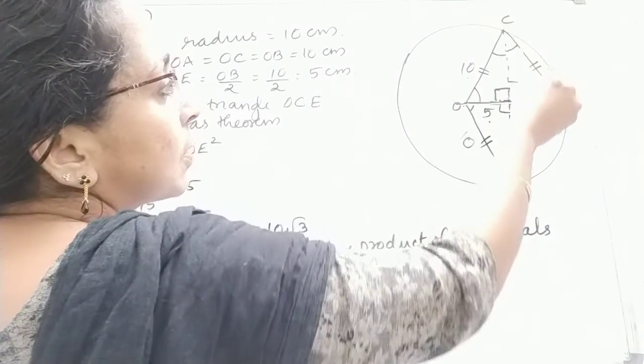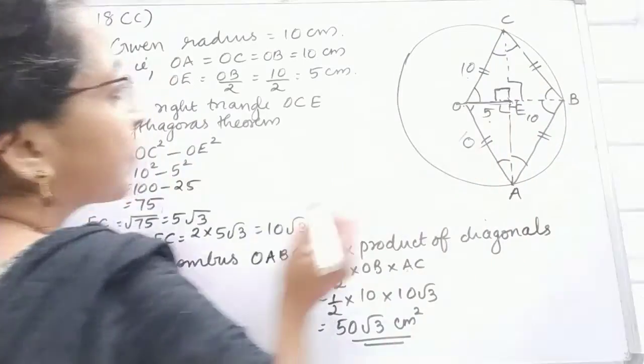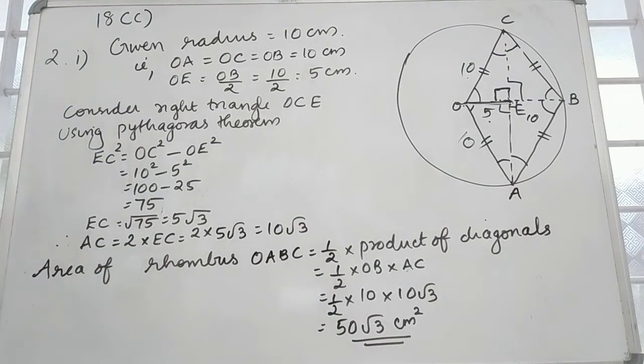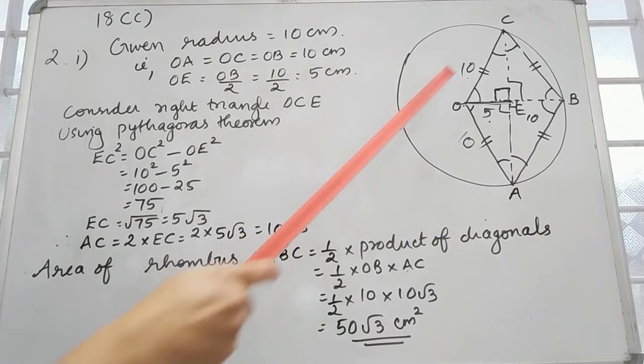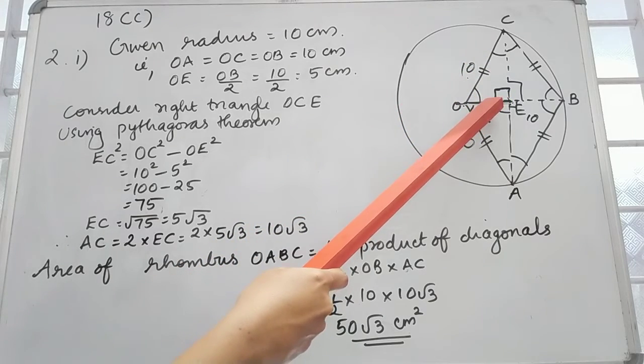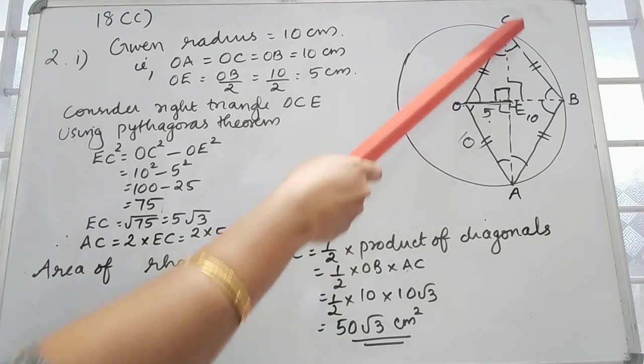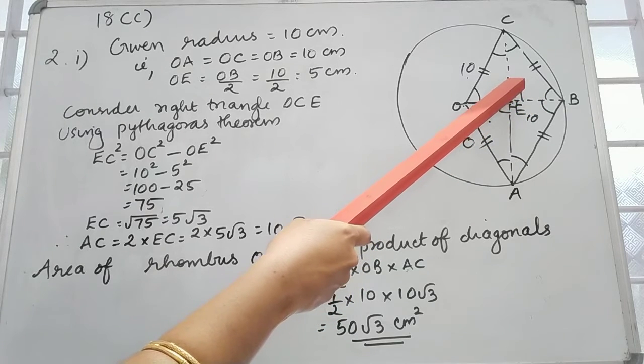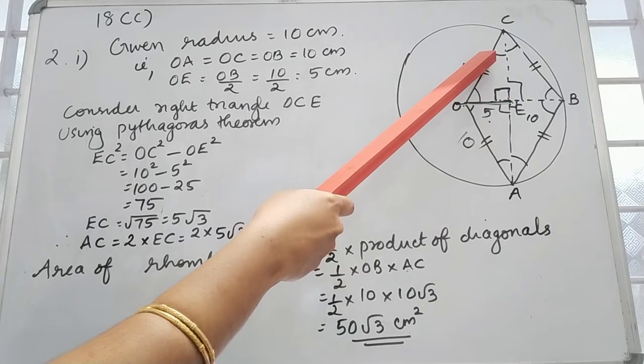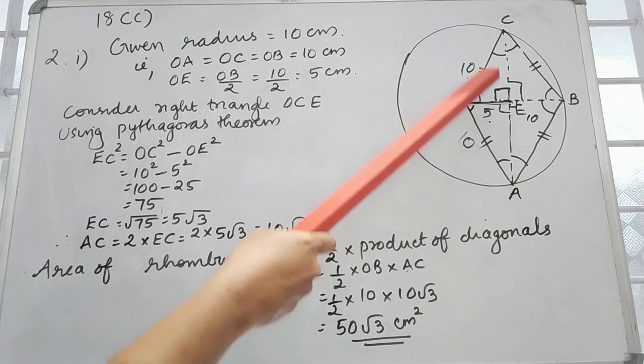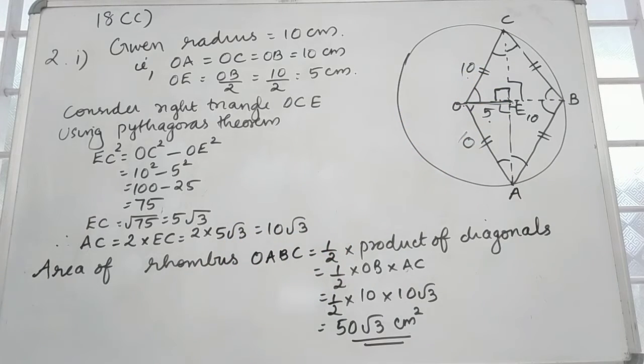So using Pythagoras theorem, EC square will be what? 5 is the base, this is the hypotenuse, and this will be the altitude. So EC square is OC square, the hypotenuse square, minus base square. So 10 square minus 5 square, 100 minus 25, which is equal to 75. So EC is equal to root of 75. Factorize that, and you will get 5 root 3.